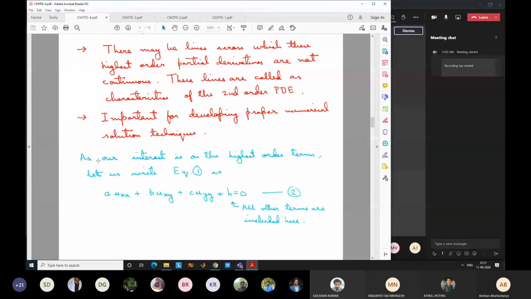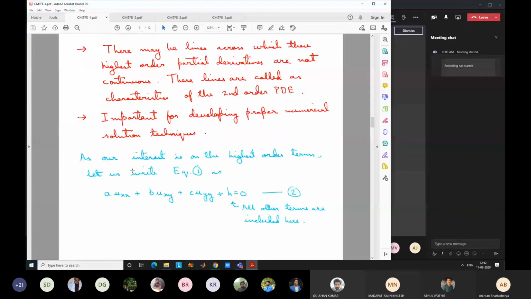But if it is a 2D problem, there can be discontinuity in the space directions also. We will see some cases there. Now we are going through the mathematics part, but we will go into the physical significance later on, and these things will become more clear towards the end of this class and in the next class. As our interest is on the highest order terms, let us go into some more maths before going into the physical part.